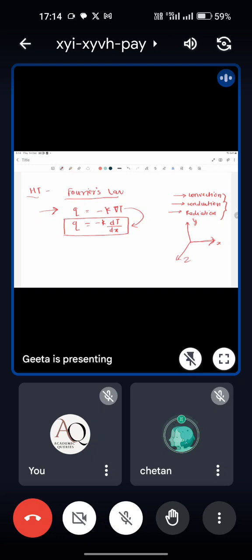Here Q is the rate of heat transfer and k is the conductivity. This conductivity k is outside the gradient. There is one reason why: we assume conductivity is constant.